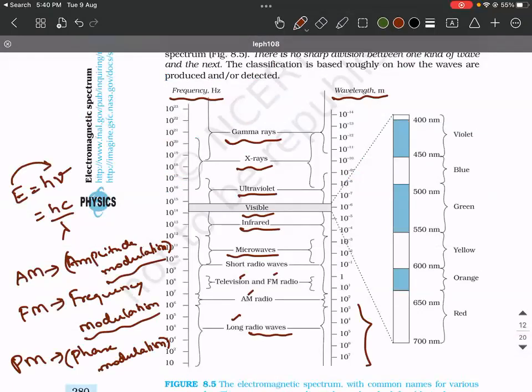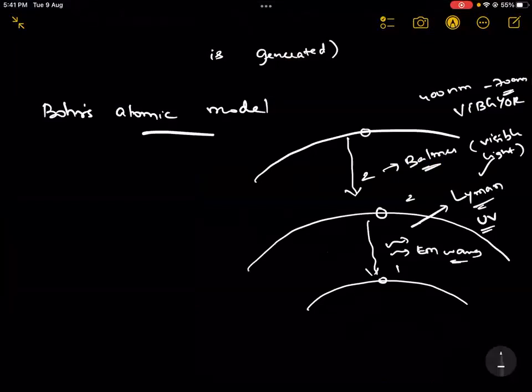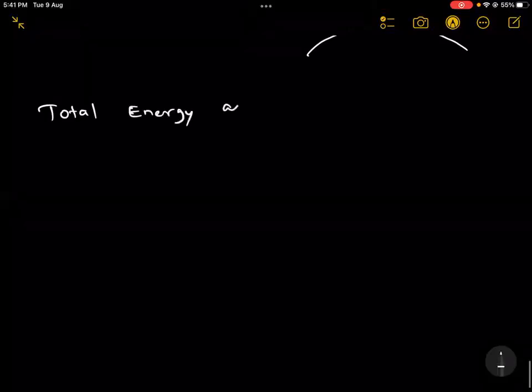Next, the next point is, what is the total energy associated with an EM wave?